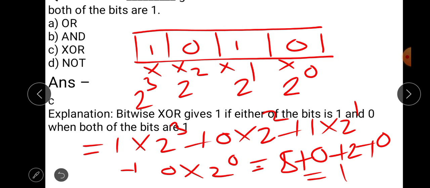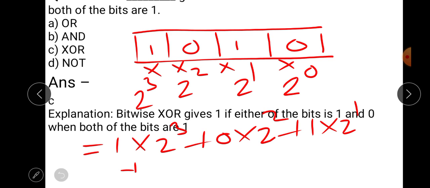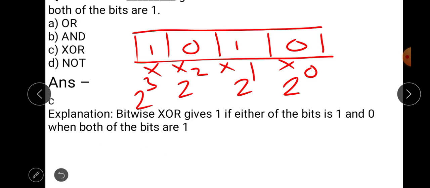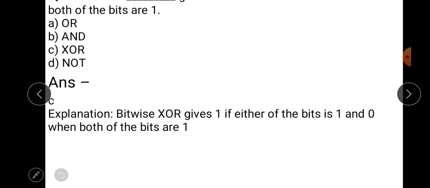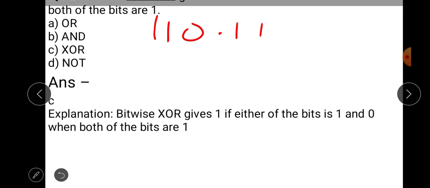Okay, if the number contains a fractional part, then how we can convert this into a decimal number, I will show you. For example, if the number is like that, 10.11, this is a binary number, and it contains a decimal point also.